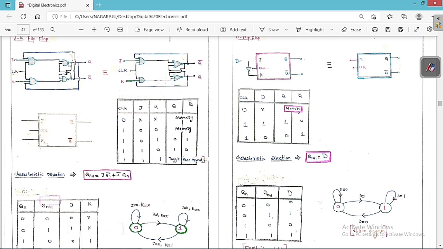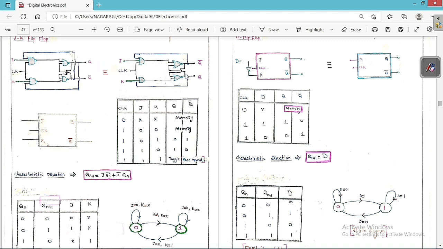This is the SR flip-flop, but we have to do something extra: we have to take the feedback from this output to this input and from this output to this input. The resultant flip-flop is called the JK flip-flop.